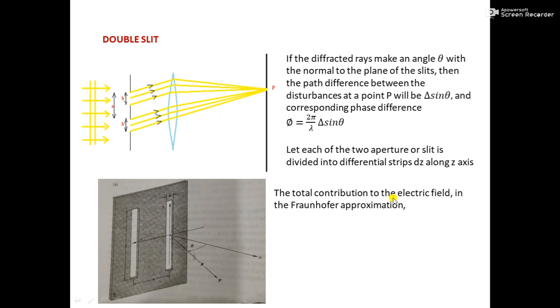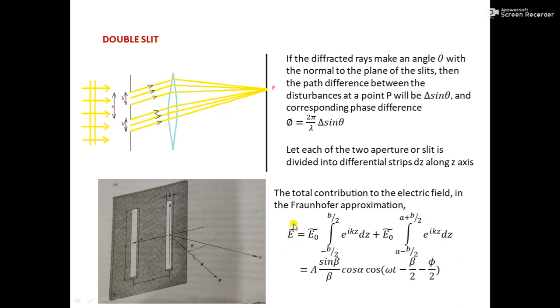So the total contribution of the electric field in the Fraunhofer approximation can be written as E tilde equals E naught tilde, this is a constant part, integration from minus b by 2 to plus b by 2 of e to the power ikz dz, plus E naught tilde integration from a minus b by 2 to a plus b by 2 of e to the power ikz dz. You can understand this expression if you go through the last lecture.